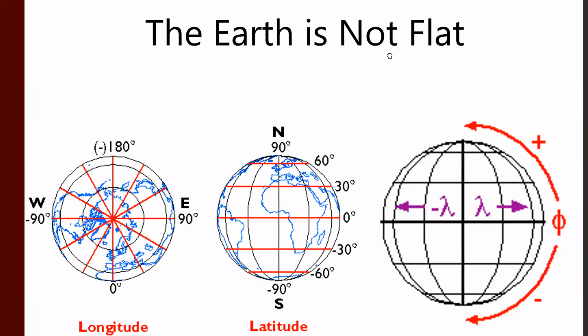So that's our 0. If you head east of the prime meridian, your longitudinal values go up until you hit the opposite half of the planet at positive 180 degrees east.